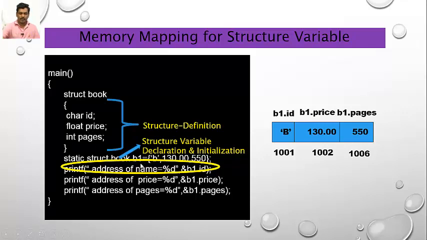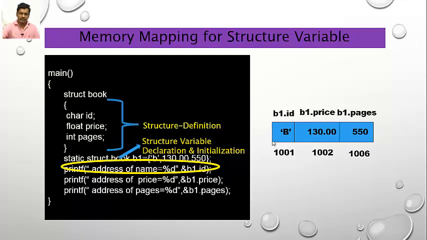So b1 consists of 3 elements, that is 3 locations: b1.id, b1.price, b1.pages. In this line, we initialize the values at the time of declaration. So 'b' is assigned to b1.id, 130.00 is assigned to b1.price, and 550 is assigned to b1.pages.